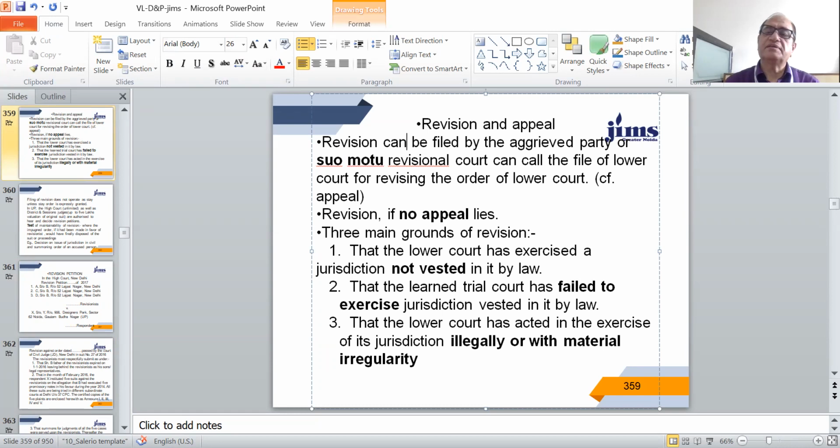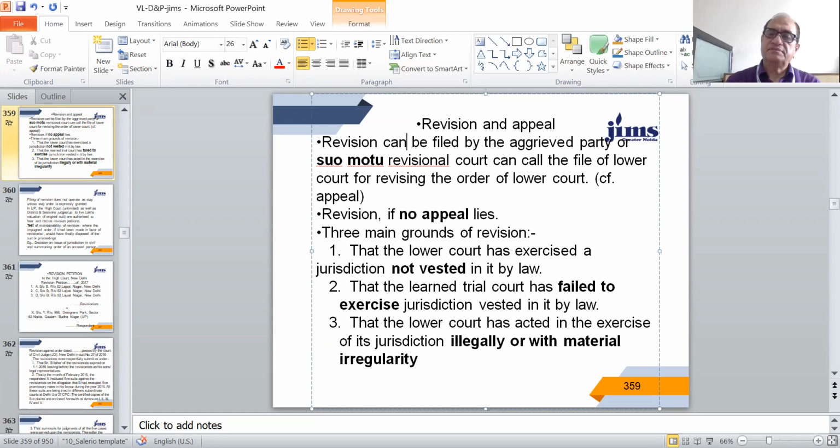Generally, I have seen at the court compound, when I was posted as district and sessions judge in various districts, the advocates from the bar association used to inform the district judge that such and such magistrate is passing orders against the law. They do not want to file revision directly, but they bring it to the notice of the district and sessions judge.